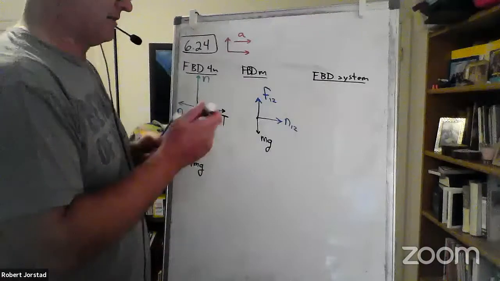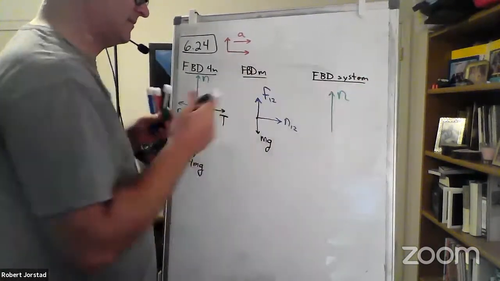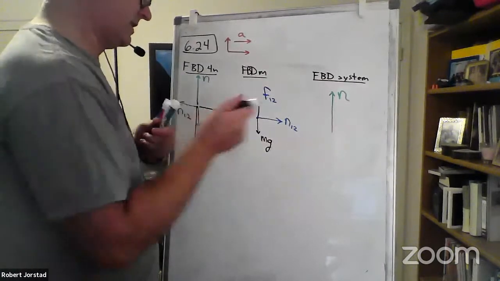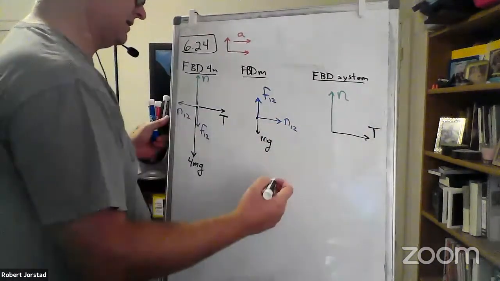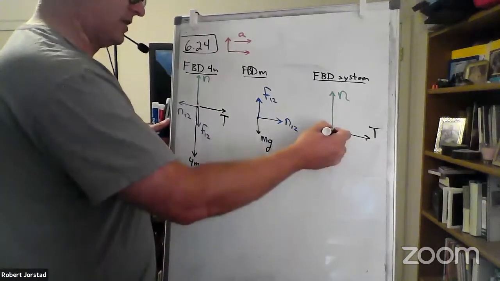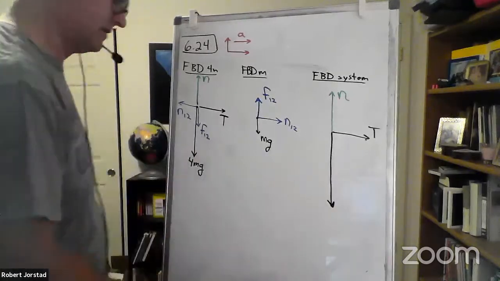N12 and F12 are going to cancel. So then we know we have this. And then down, what do we have? That'll be 4m plus m times g, or just 5mg.